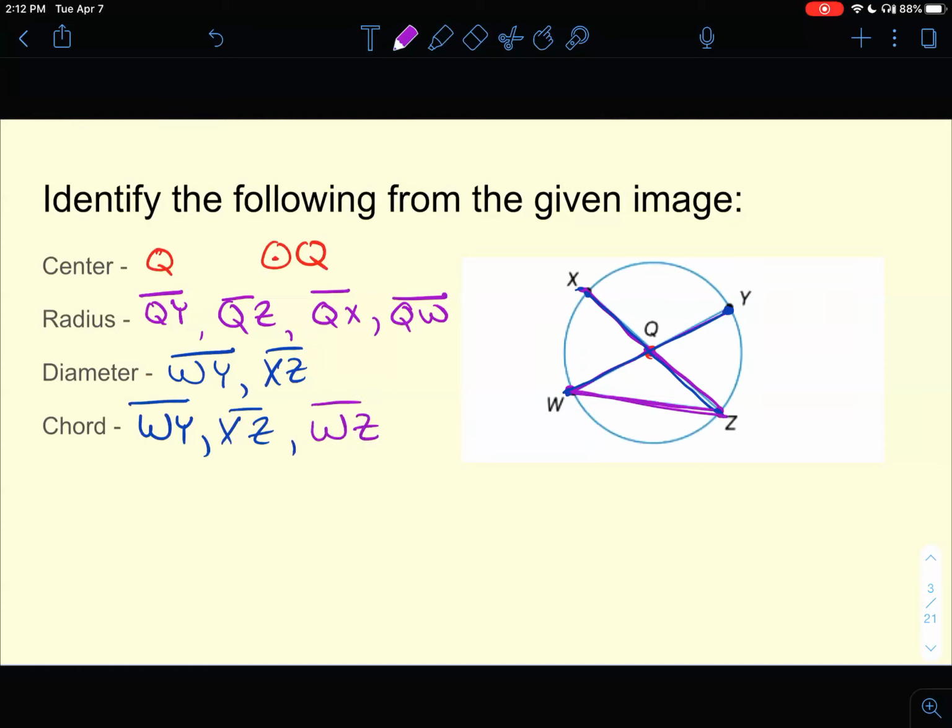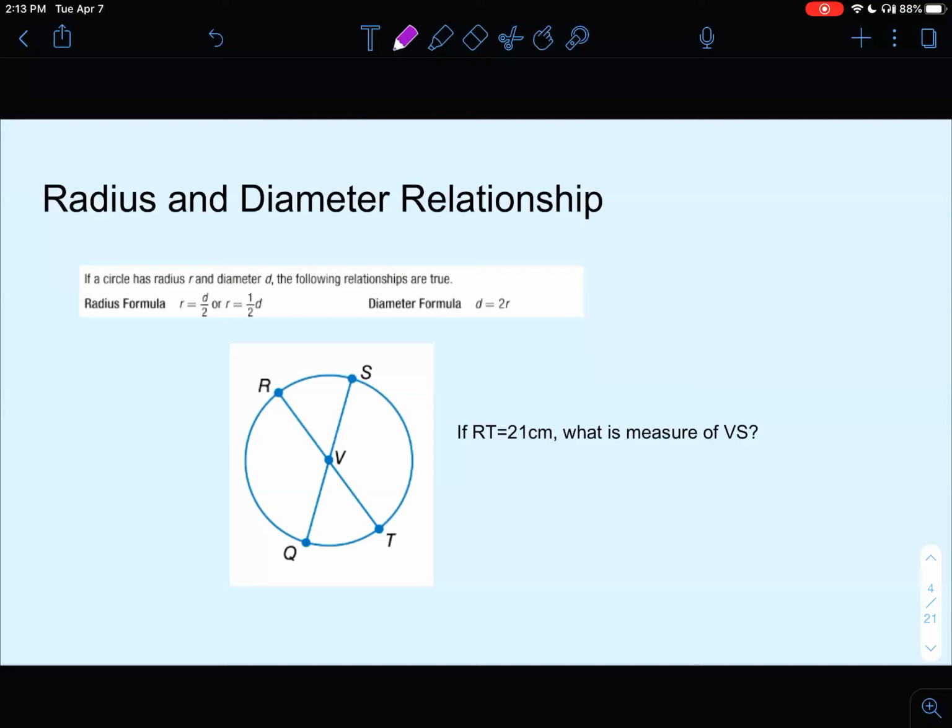All right, so now let's talk about the diameter and the radius and their relationship. You may be familiar with this because, of course, it's something that we've looked at probably many years, finding circumference and area. So let's just clarify it. The radius is half of the distance of the diameter. So we can say radius is diameter divided by 2, or the diameter is 2 times the radius.